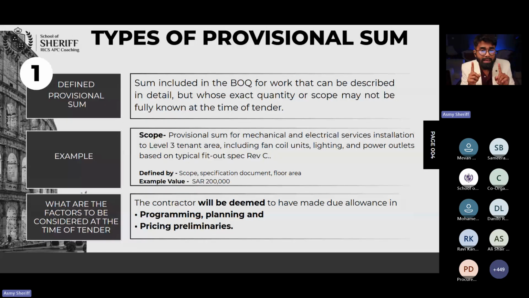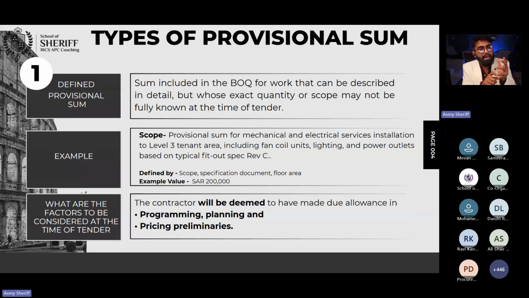So they can anticipate or pick up all the general item preliminaries required for that work too. As the employer provided enough information for the contractor to identify the program duration, that program duration will give the contractor information to pick up how much general item preliminaries are required.